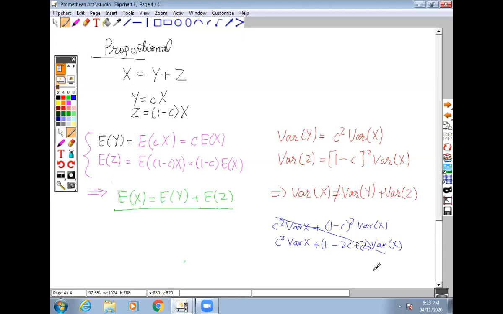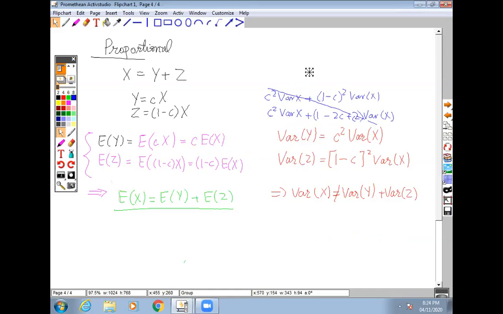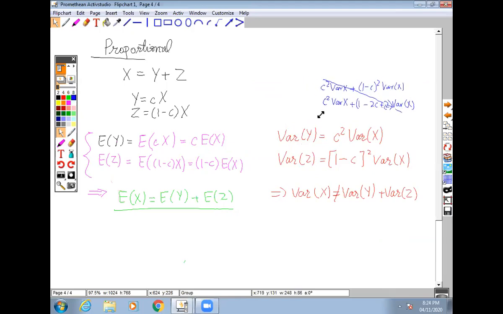But why do you think, logically, that the sum of variances doesn't add up to the variance of the actual claim amount? So why do you think I cannot?